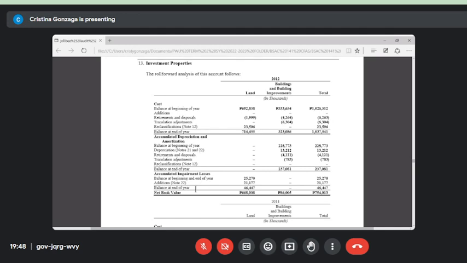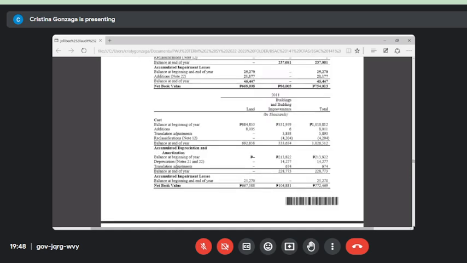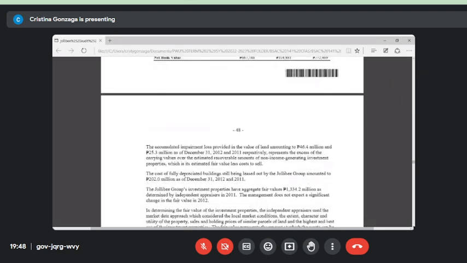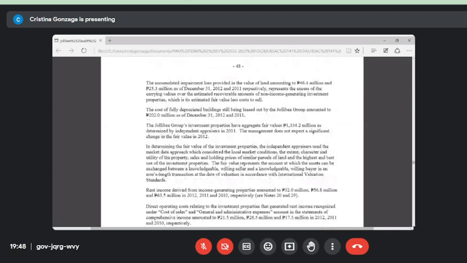Pakita ka ng ganyan, yung movement or changes in the balance of investment property. Kaya yung mga schedules nyo, mga summaries nyo, ginagawa talaga yan.